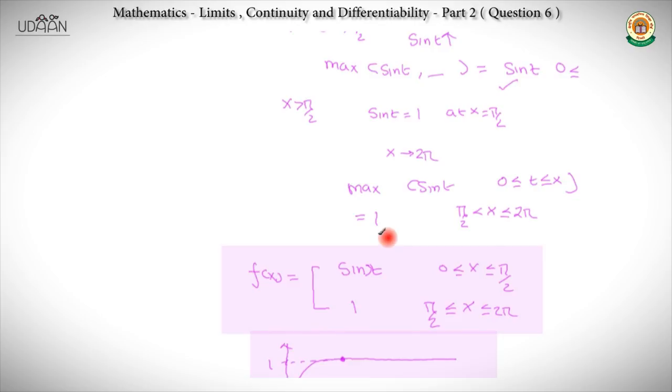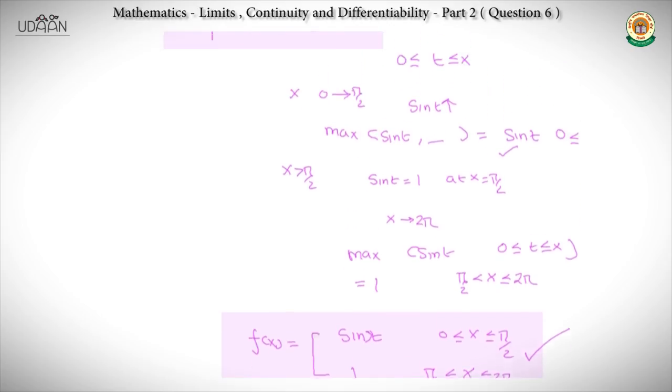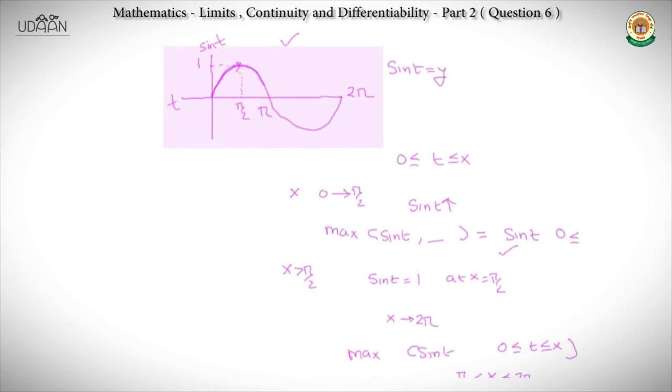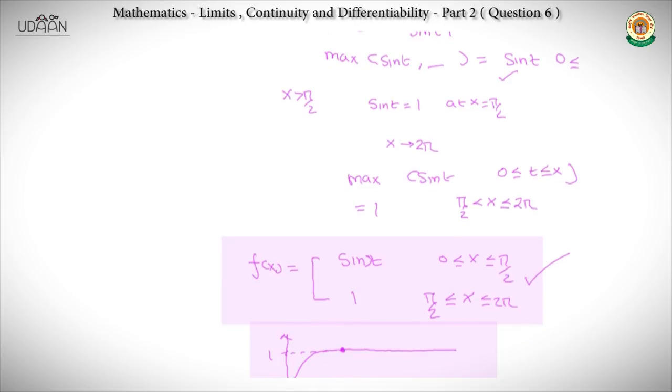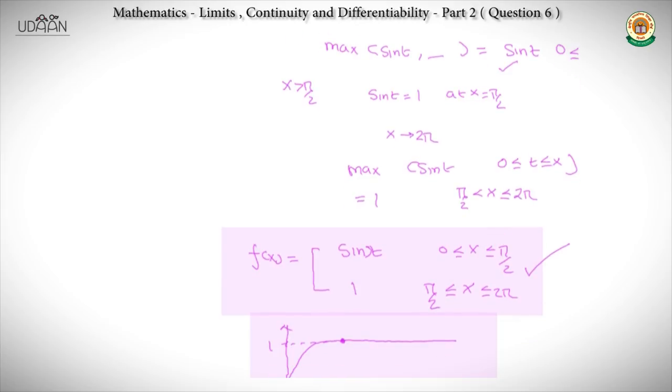Okay, so we get the function over here. When x lies from 0 to pi by 2, we get f of x equal to sin x, and when x lies from pi by 2 to 2 pi, we get f of x equal to 1. Right. So this is the function which we got out of the graph.